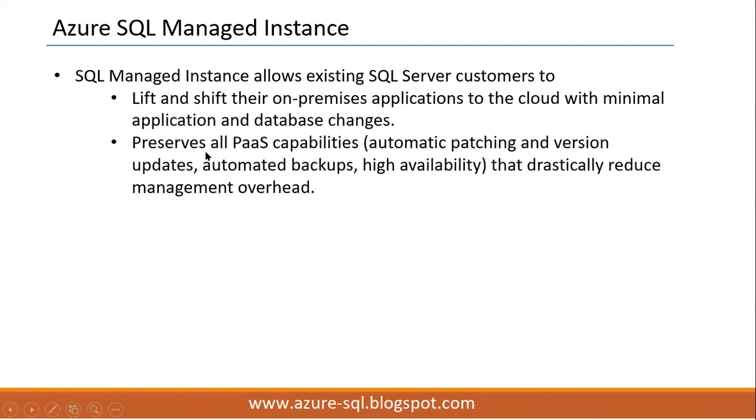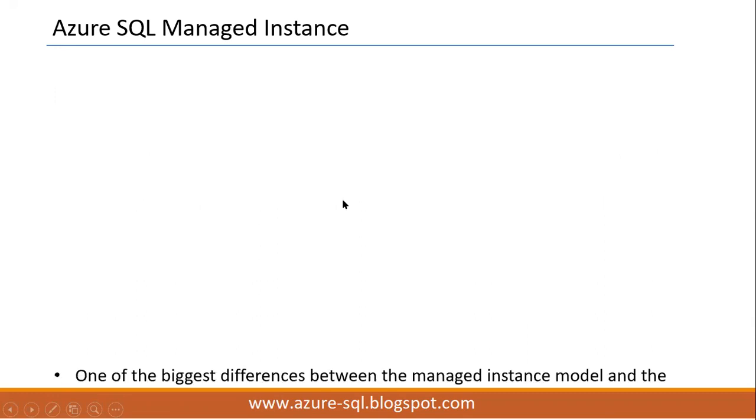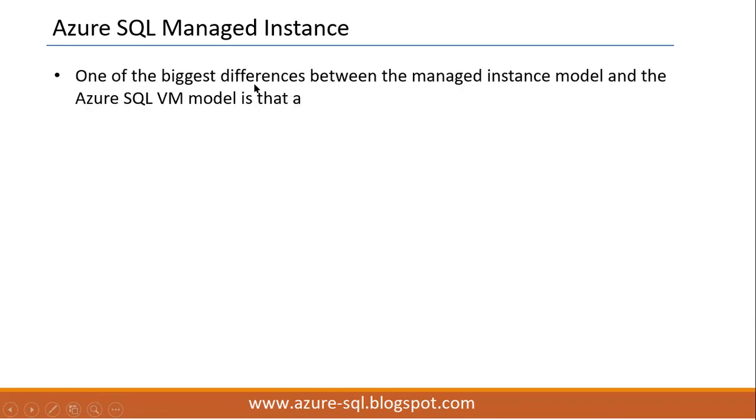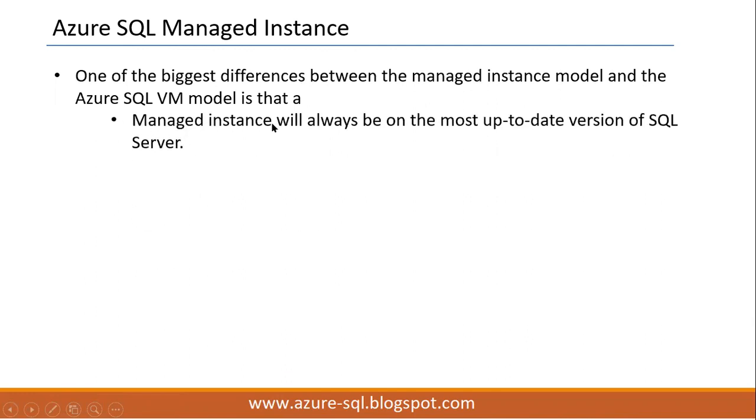It preserves all PaaS capabilities like automatic patching and version updates, automatic backups, and high availability, which drastically reduces the administrative workload. One of the biggest differences between the managed instance model and Azure SQL VM is that managed instance will always be on the most up-to-date version.